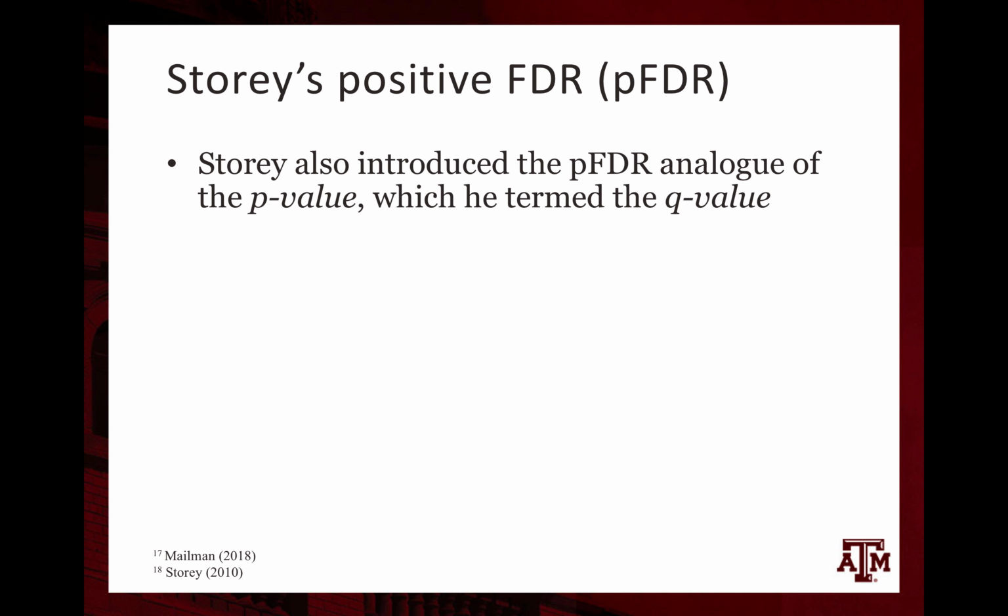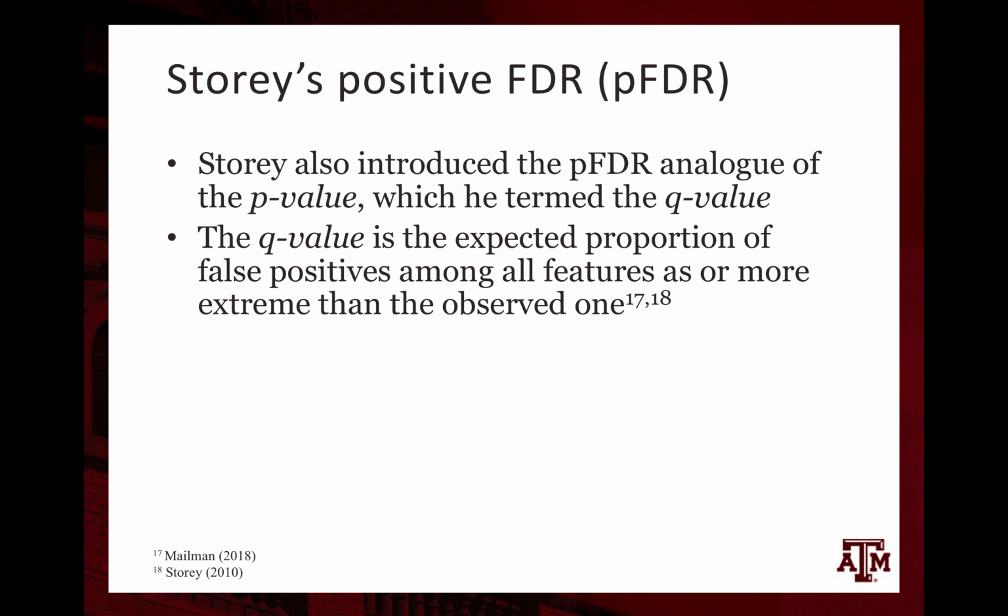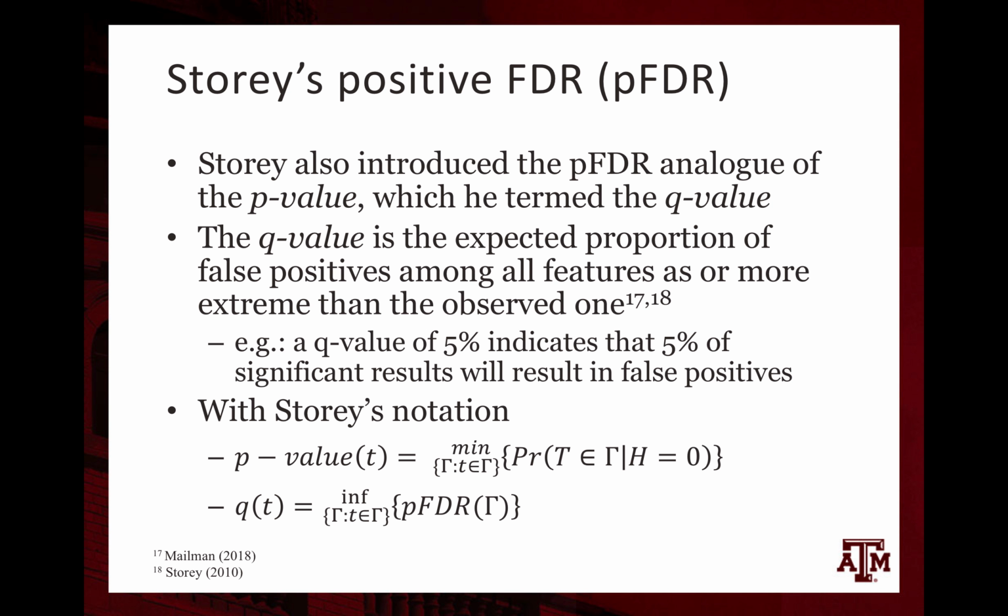Storey also introduced the PFDR analog of the p-value, which he called the q-value. The q-value is the expected proportion of false positives amongst all features as or more extreme than the observed one. To give an example, a q-value of 5% indicates that 5% of the significant results will be false positives.